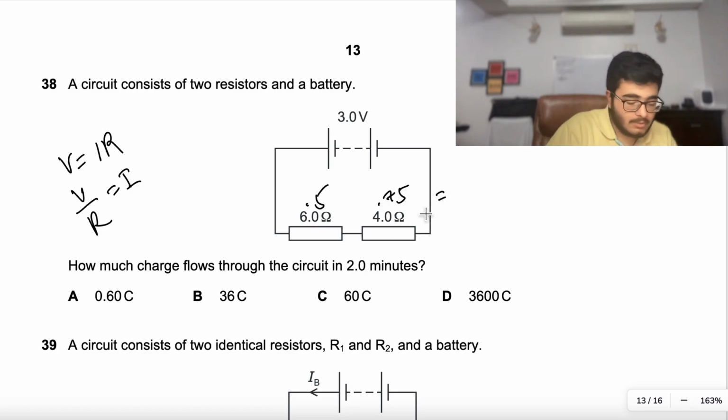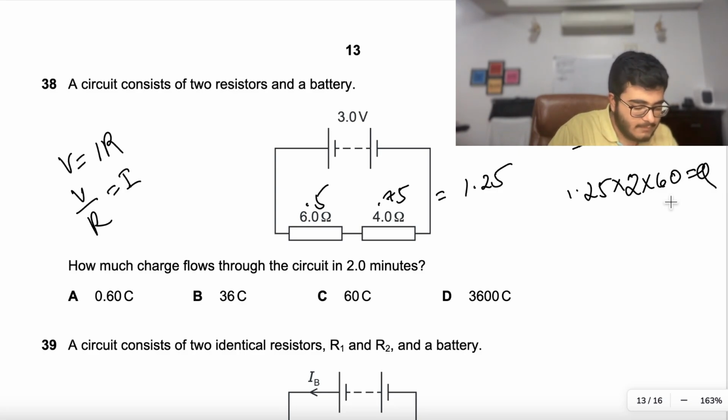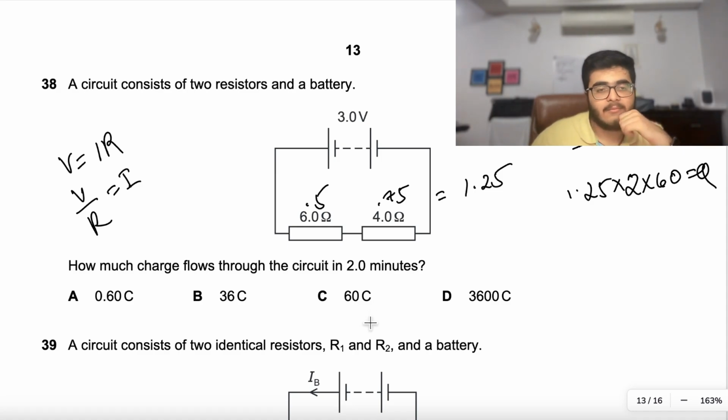When you add them, the total is 5 by 4, 1.25, right? When you apply the formula, I into T will be charge. 1.25 into time, which is 2 minutes. Time is going to be in seconds, so 2 into 60 is Q. So 1.25 into 2 into 60 is going to give us the answer to be 150.